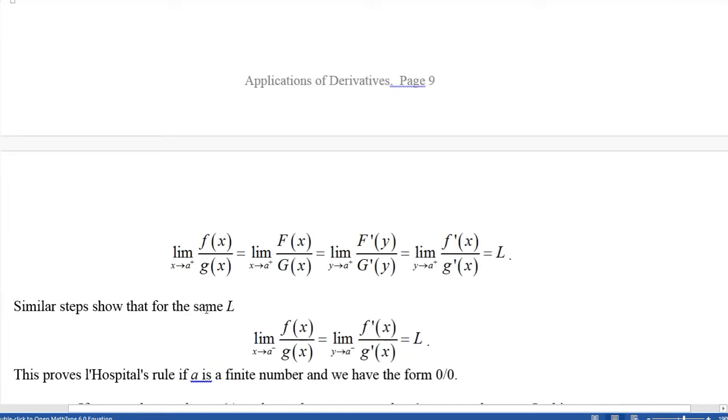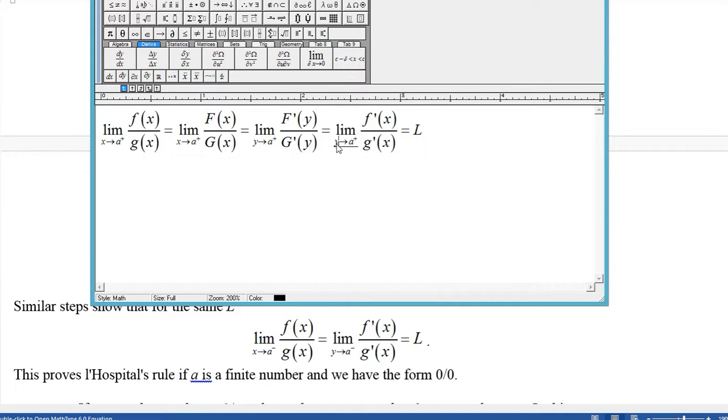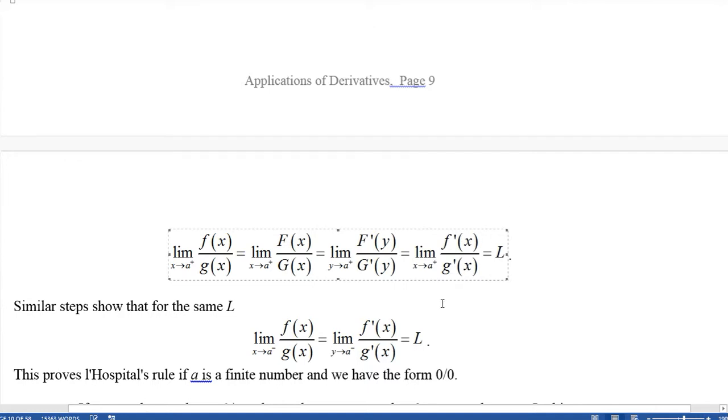And so we end up having, if we take the limit as x approaches a from the right of f of x over g of x, it's the same as the limit as x approaches a from the right of big F of x over big G of x, which by what we just said is the limit as y approaches a from the right of F prime of y over G prime of y, which is the limit as x approaches a from the right of f prime of x over g prime of x. And let's say that limit exists and is some number L.